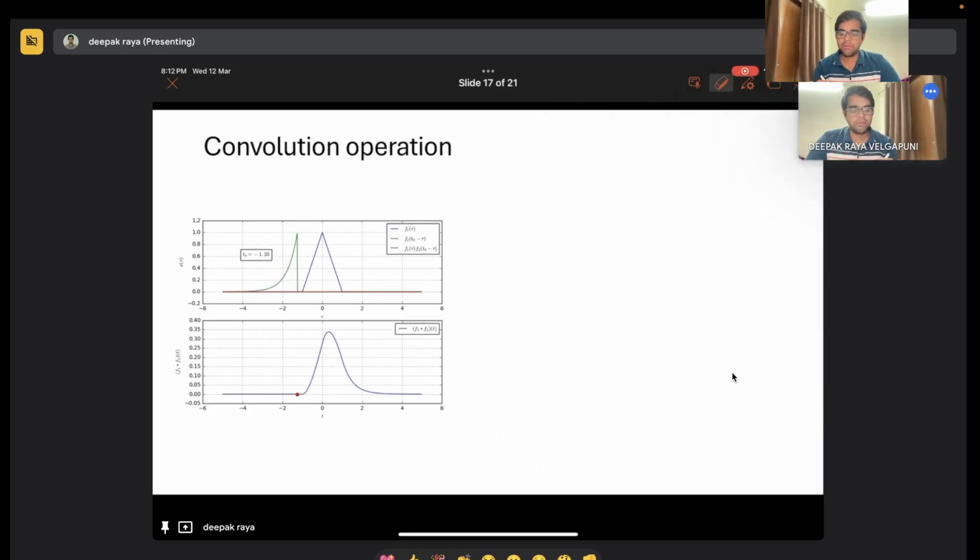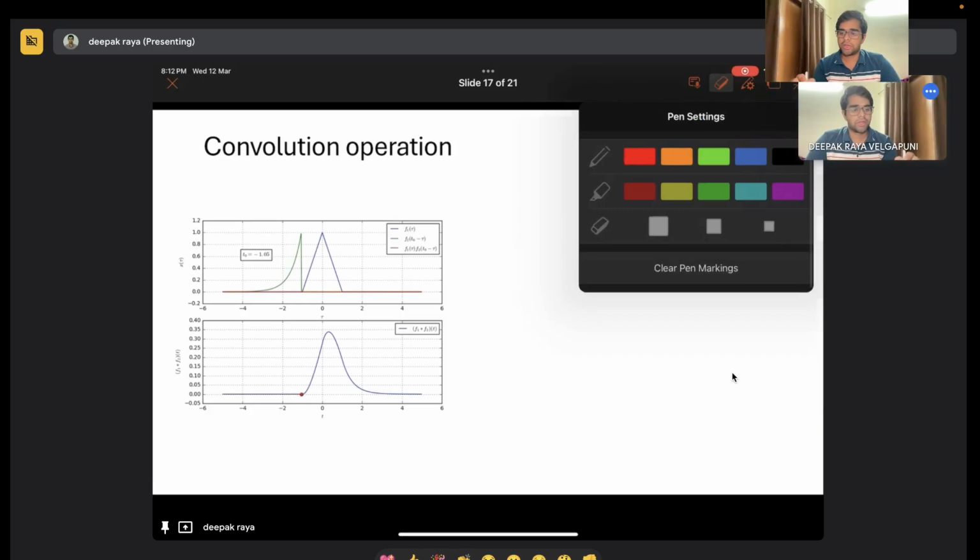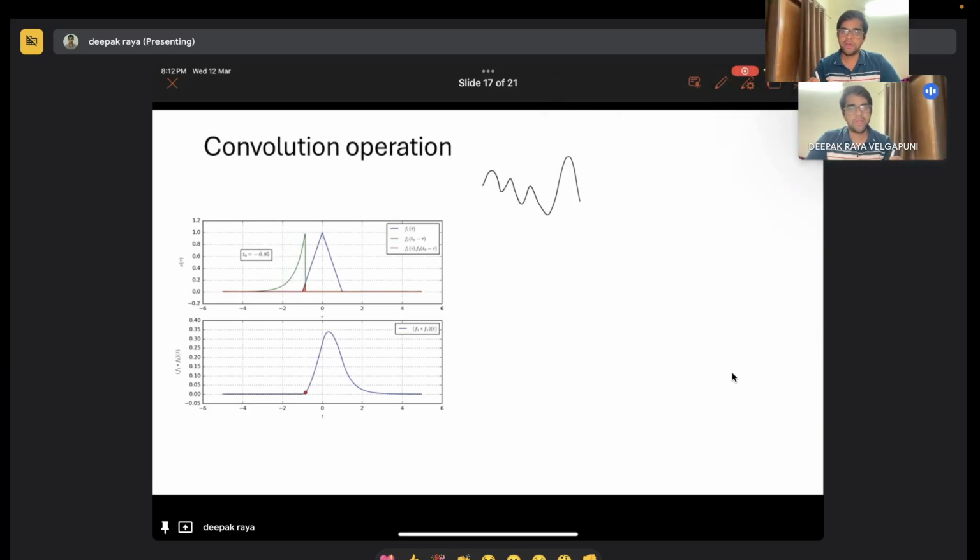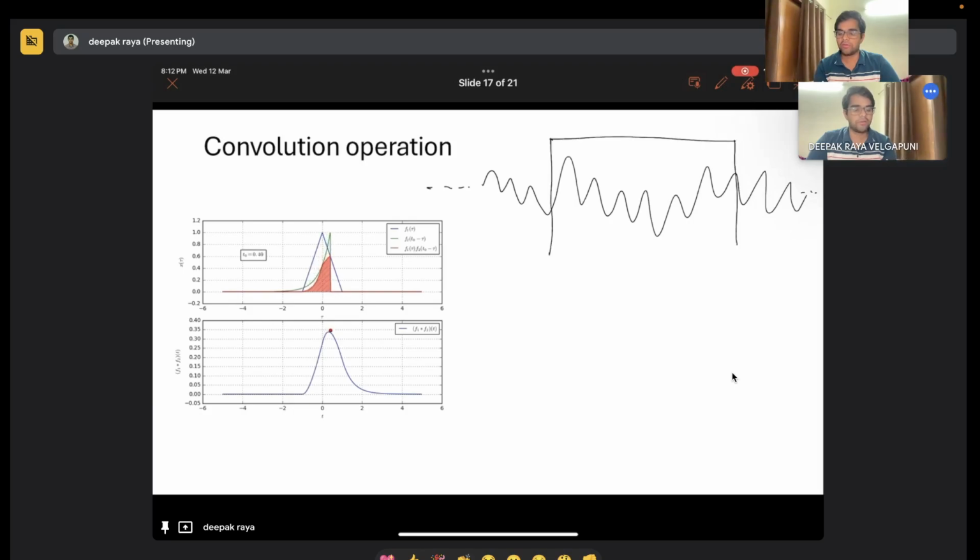We usually have some infinite signal, let's say this is extending to infinity, but in the real world we only have a snippet of this. So basically a trimmed version is available. Infinite signals don't exist.